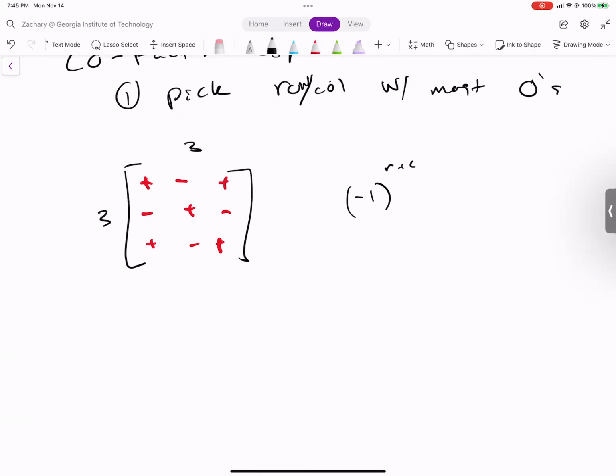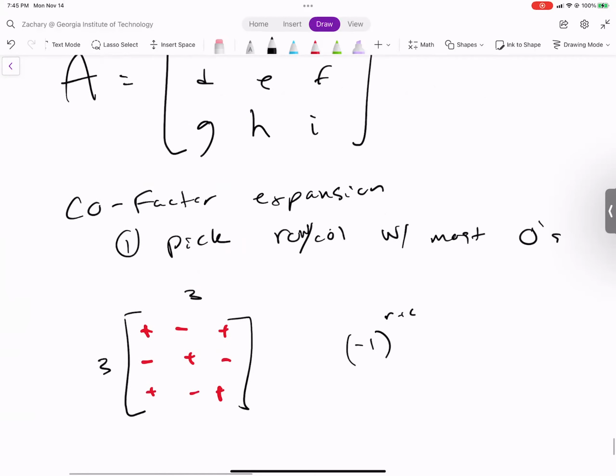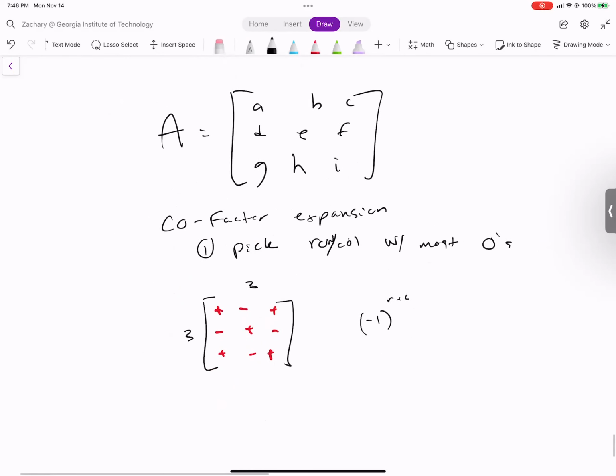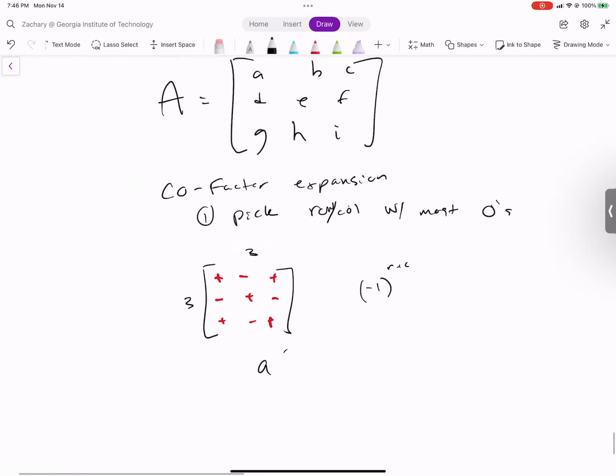As we move along a specific row, like for instance ABC, it's going to be A times the determinant of some matrix, which I'll fill in a second, minus B times some matrix, plus C times some matrix. If this is a 4 by 4 to start, when we take determinants of our 3 by 3s, we redraw this and then take it from that matrix after that, back.